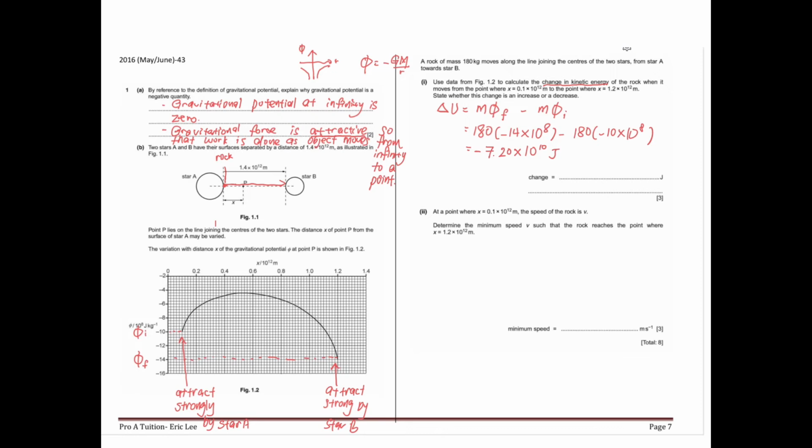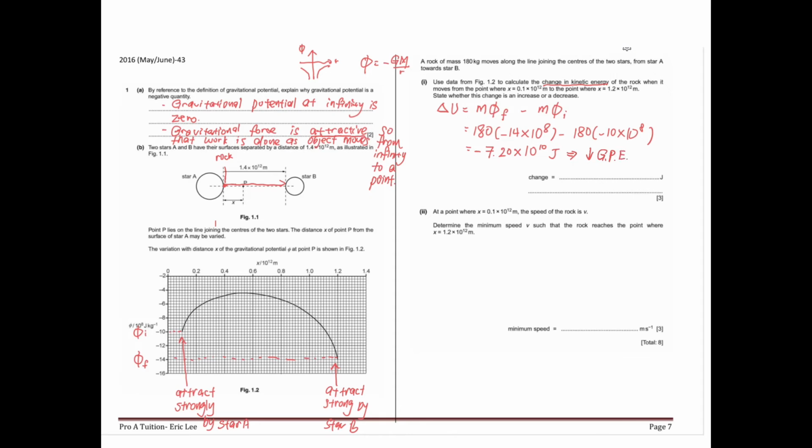Okay, so what is meant by this value? You get a negative value, meaning that we are calculating the delta U over here. The delta U is the change in gravitational potential energy. So if you get a negative value, that means this is a decrease in gravitational potential energy.